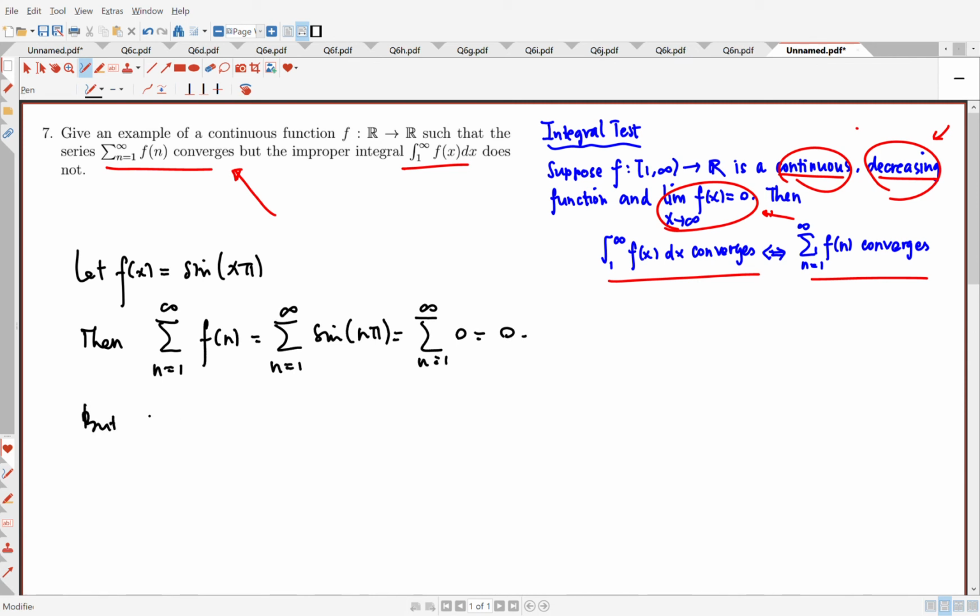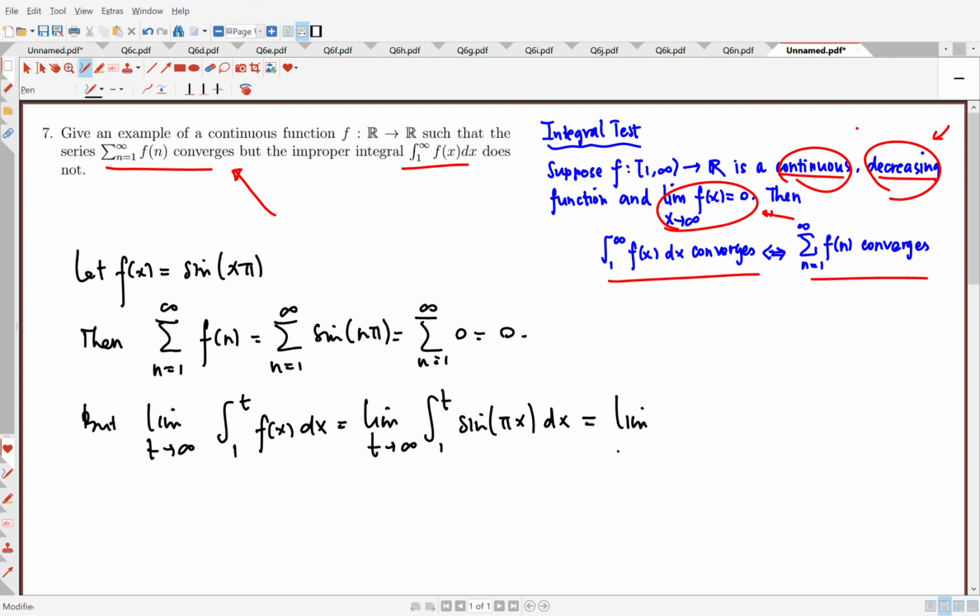But the integral, limit t tends to infinity, the integral from 1 to t of f(x) dx, this is limit t tends to infinity of integral from 1 to t of sine of pi x dx, and this is equal to limit t tends to infinity of 1 over pi times minus cosine of pi x from 1 to t.